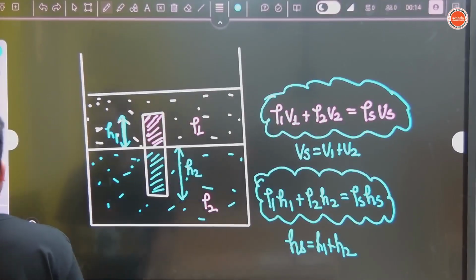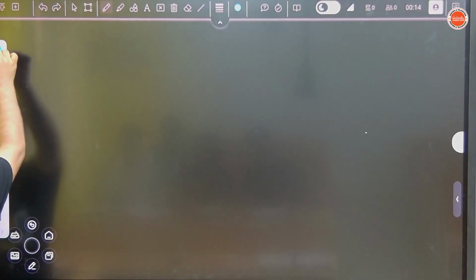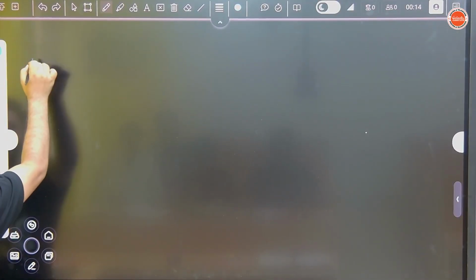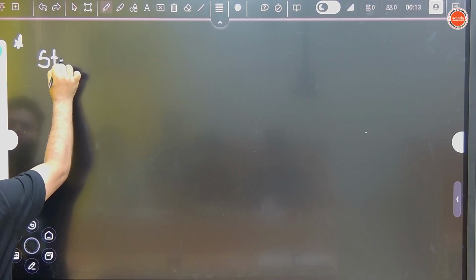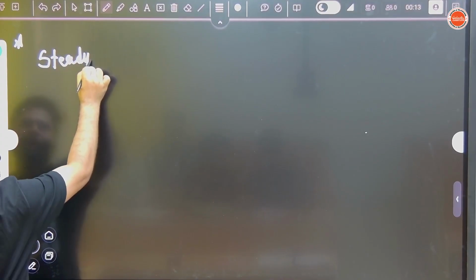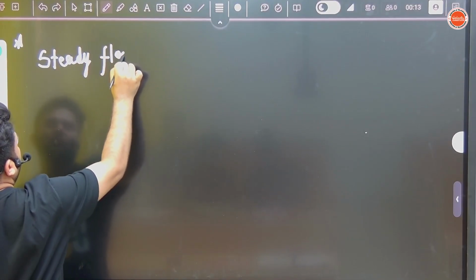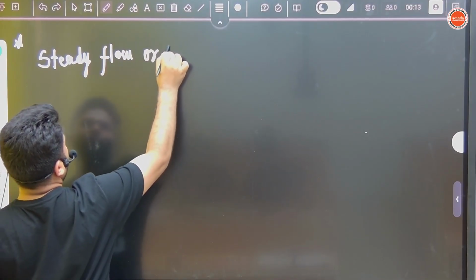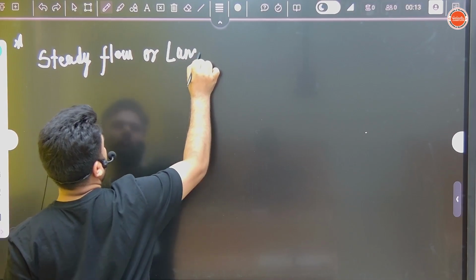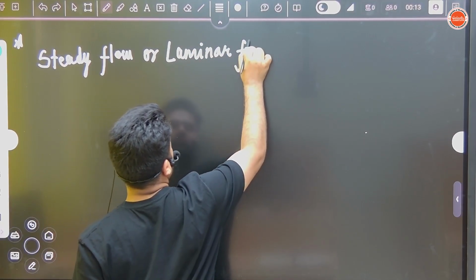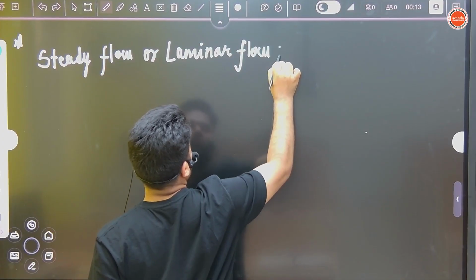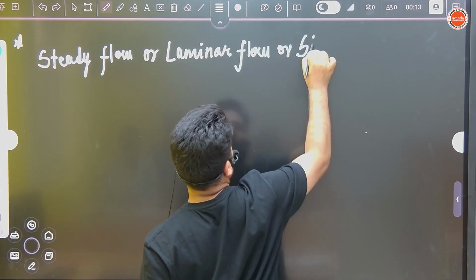See, we have one concept: steady flow, or laminar flow, or streamline flow.